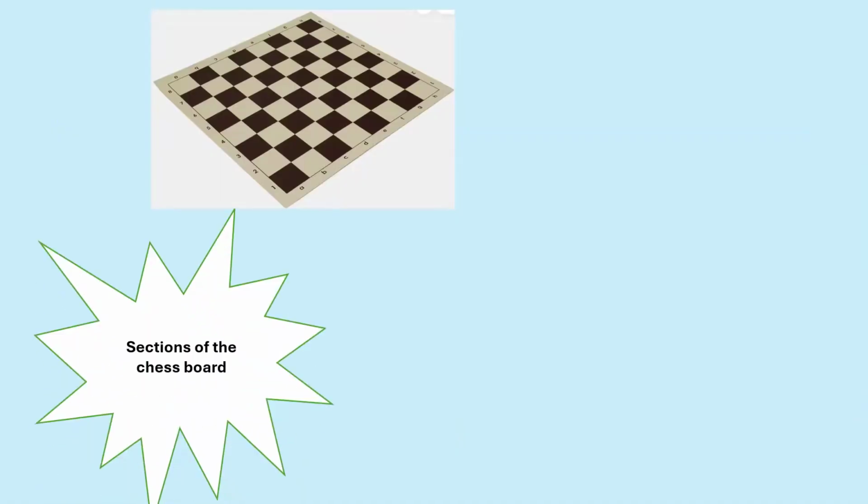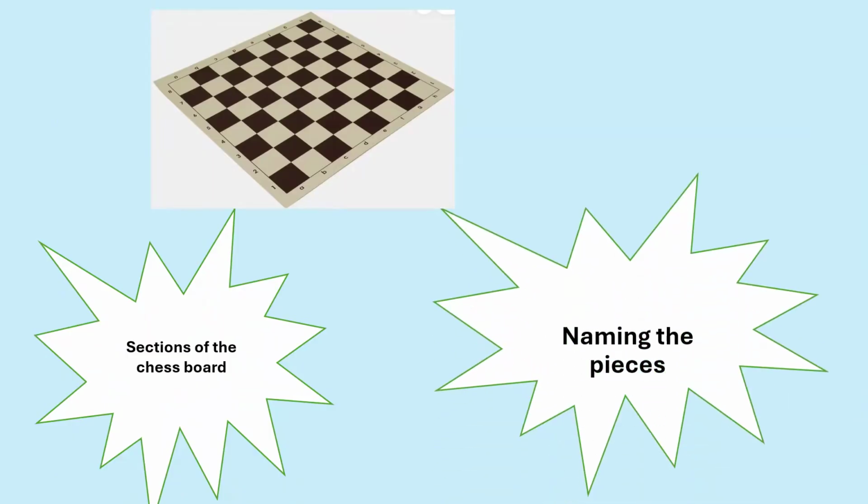Right, let's move on. We are going to look at sections of the chessboard and also the naming of the pieces. Remember, last lesson I indicated that we have 6 different chess pieces, and those are the items used to play chess as a mind game.